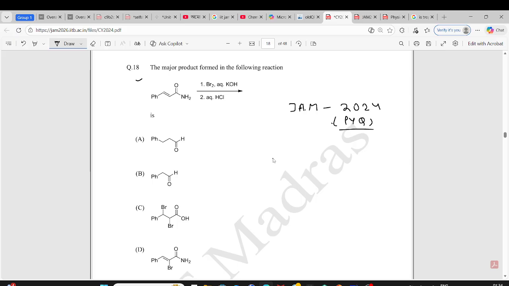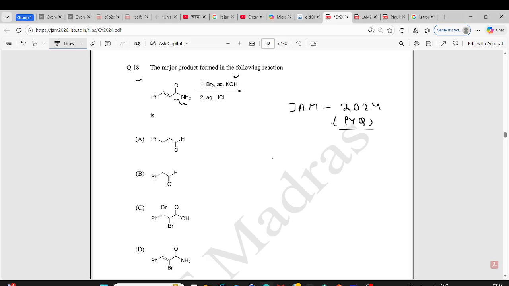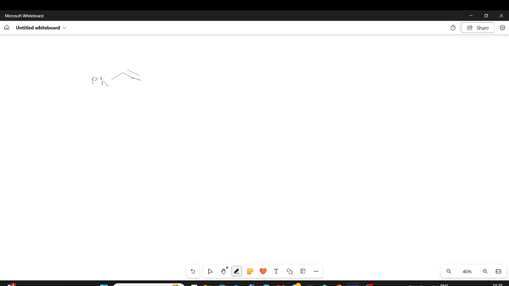Okay, let's solve it. So you have been provided this substrate containing this amide linkage, and you have been provided Br2 and KOH. Let's write it down first. So you have your phenyl ring, then you have this double bond, and you have the amide linkage basically.